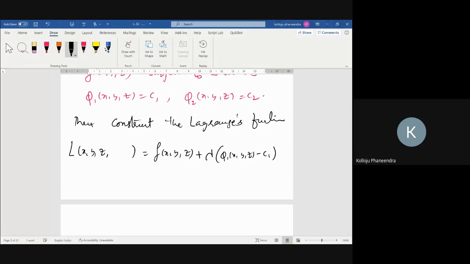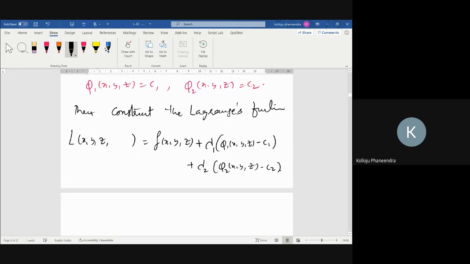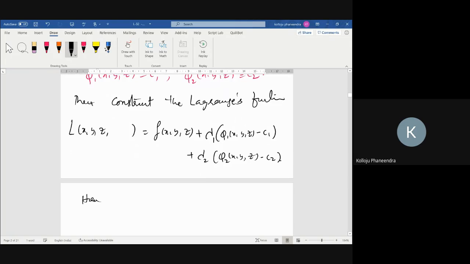Two conditions are there, therefore for the other condition, another Lagrange's multiplier, plus lambda 2 into phi 2 of xyz minus C2. Here lambda 1, lambda 2 are Lagrange's multipliers.